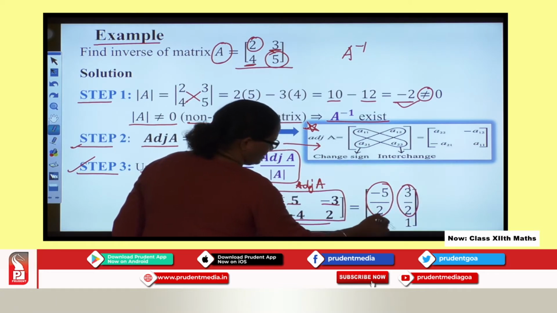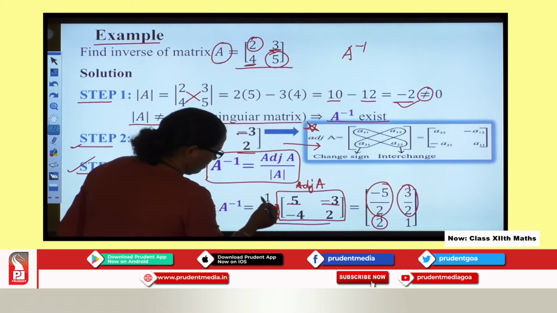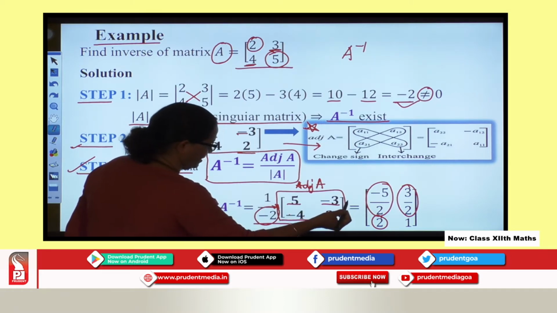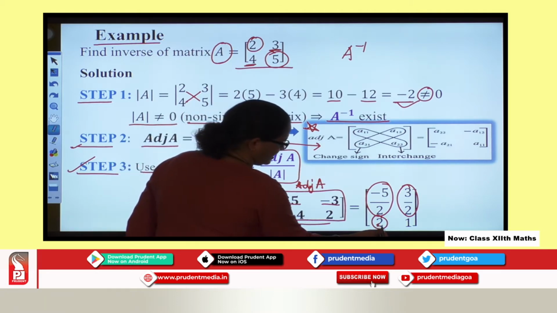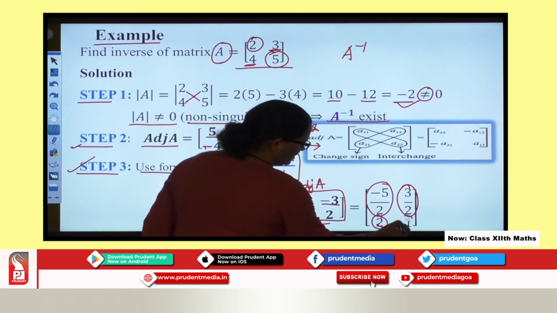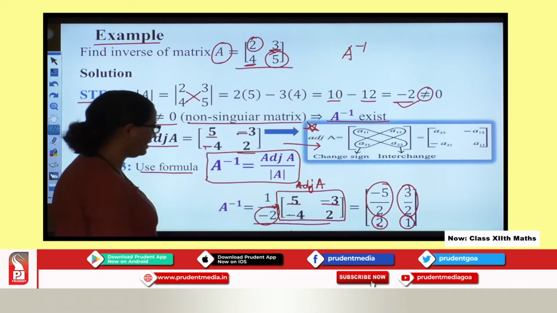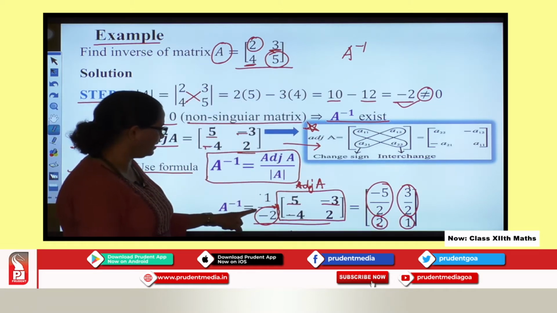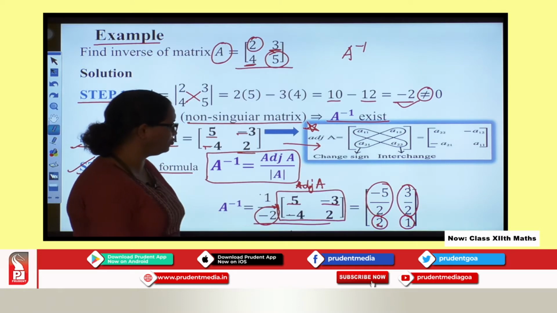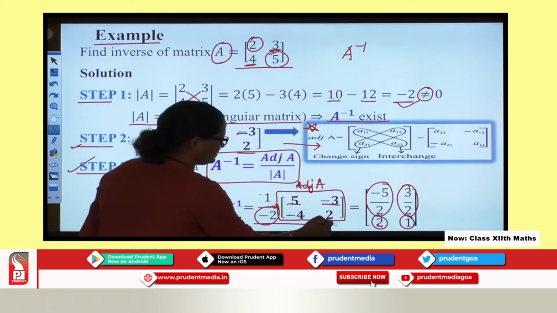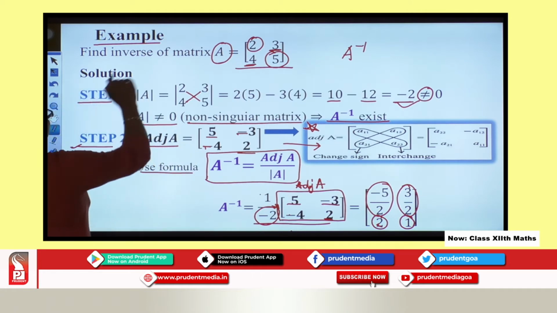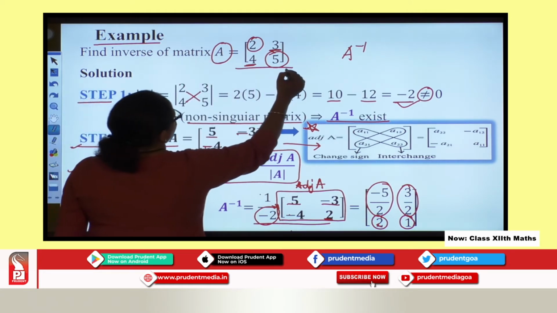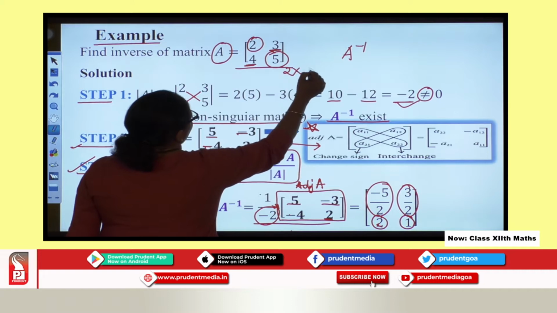I get 2 here because minus 1 by 2 into minus 4, minus minus becomes plus, and this 2 will get cancelled, so you get 2. And here you get 1, because 1 by minus 2 into 2 gives 1. So this is the quick method to get the inverse of a 2 by 2 matrix.